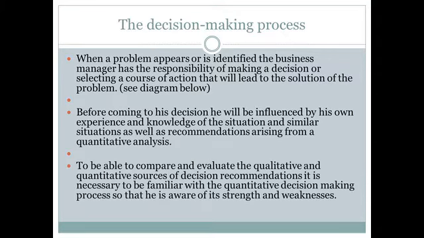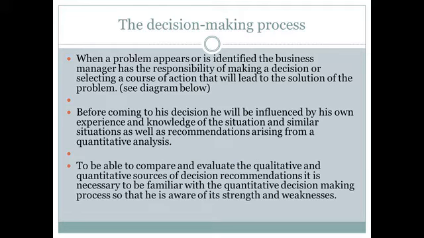So number one thing is problem. When a problem is identified, the business manager has the responsibility of making a decision, or selecting a course of action that will lead to the solution of the problem. So the reason we go into this process is because of the problem.